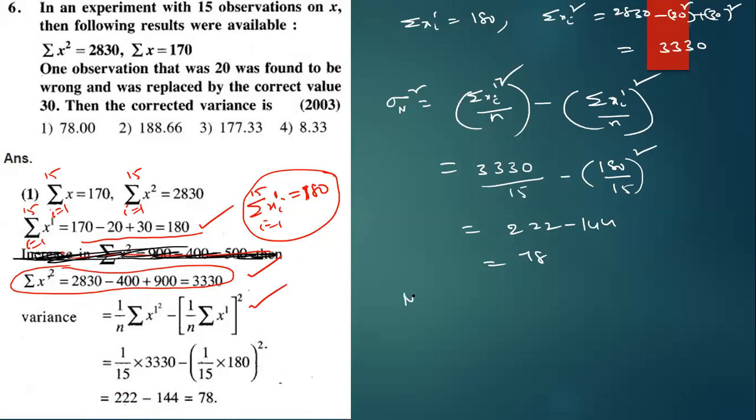The new, correct variance is 78, so the option is A. It was a previous JEE Mains question, asked in 2003.